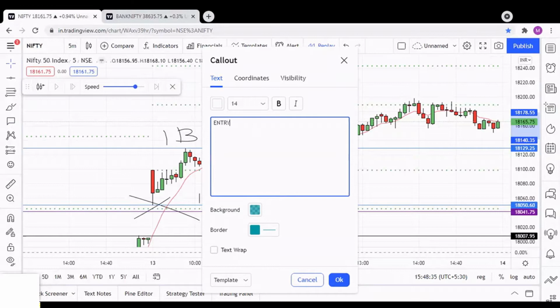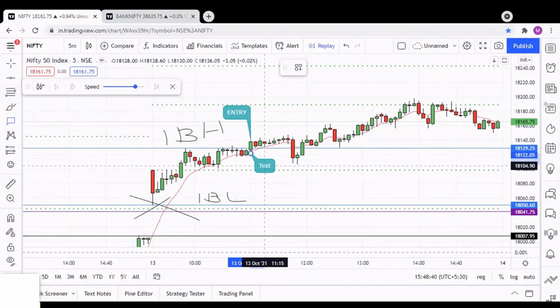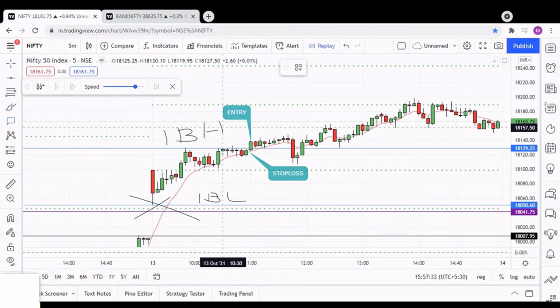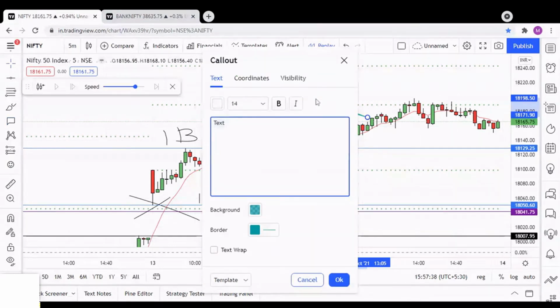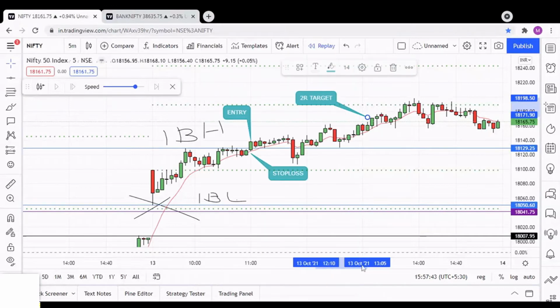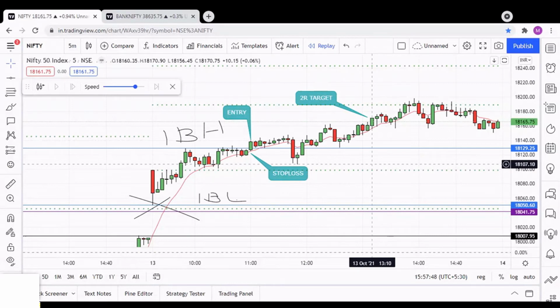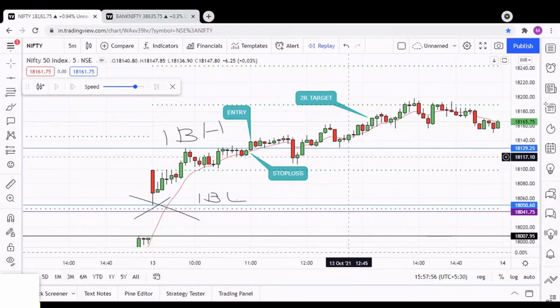This is the entry, and you can place a stop loss below the candle, and we can keep the target here 2R. And this is the entry and exit and stop loss as per our strategy, but unfortunately the market came down and took our stop loss.